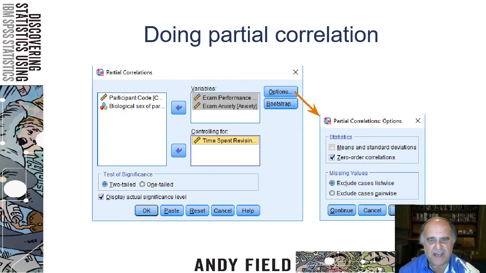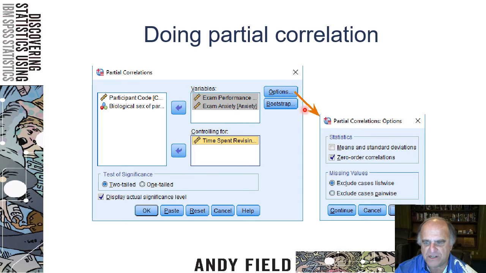This is from Field again, and it shows us how to do a partial correlation. We would just put in the two variables we want to correlate, in this case exam performance and exam anxiety, and then we put in the variable we want to control for, which is time spent revising. So that's the control variable.